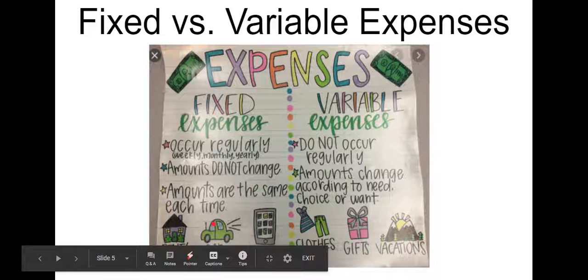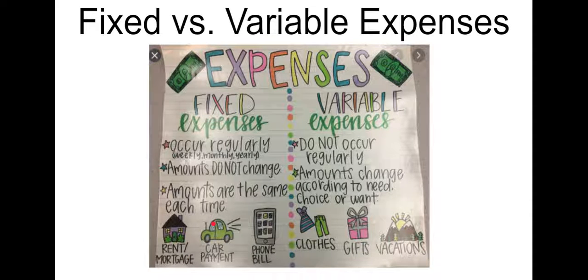All right, a couple other things that you might see are fixed and variable expenses. Fixed expenses are things that occur on a regular basis. Maybe you have this charge every week, every month, or every year. Of course, at your age, you're not going to have as many of these, but within your family, you probably do. Examples of fixed expenses are monthly rent or mortgage.